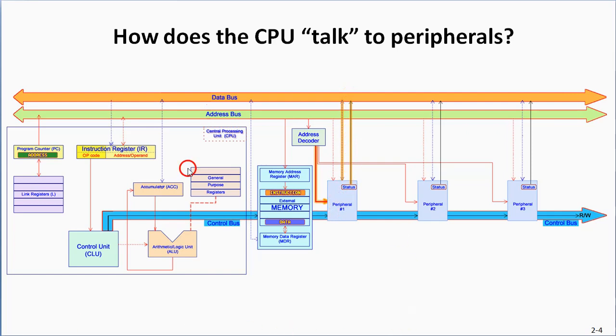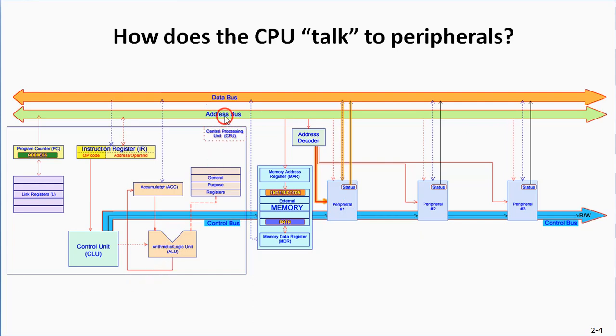Let's consider the case where the CPU is sending data to a peripheral, say for example a printer. Typically, the CPU will do the following. First, it will drive the data on the data bus. So the data bus here will contain now the data, or at least part of the data, that the CPU wants to communicate to the peripheral.